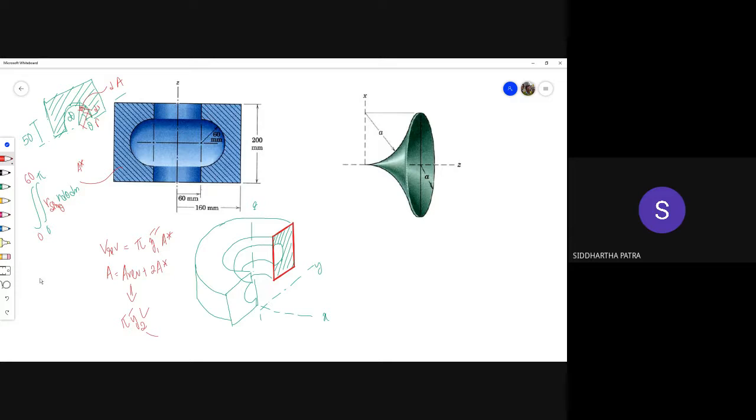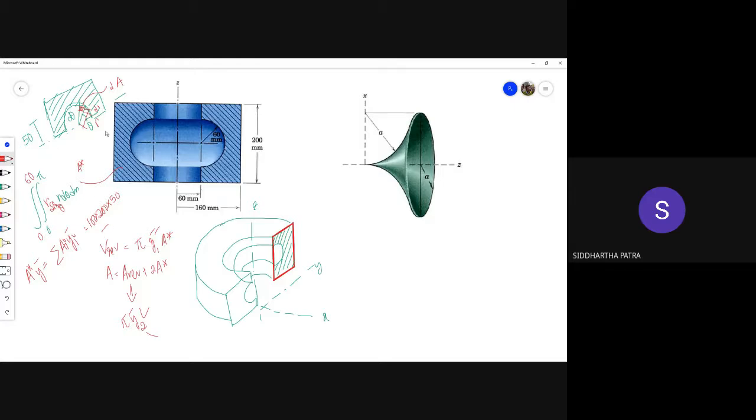So all you need in this case to get the volume of revolution, A star times y bar, which is a summation of A_i y_i bar. The area of the rectangle is 200 times 100 millimeter squared, times 50, the distance of the centroid.